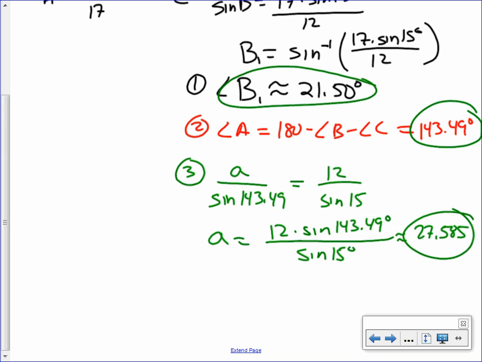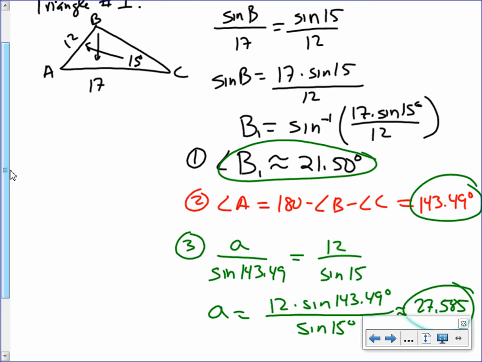Okay, so let me draw a more accurate picture of that first triangle. We know angle C is 15 degrees, and angle B is only 21 degrees. So that's acute. Since this is 21 point something degrees, angle B could also switch over to the other side.